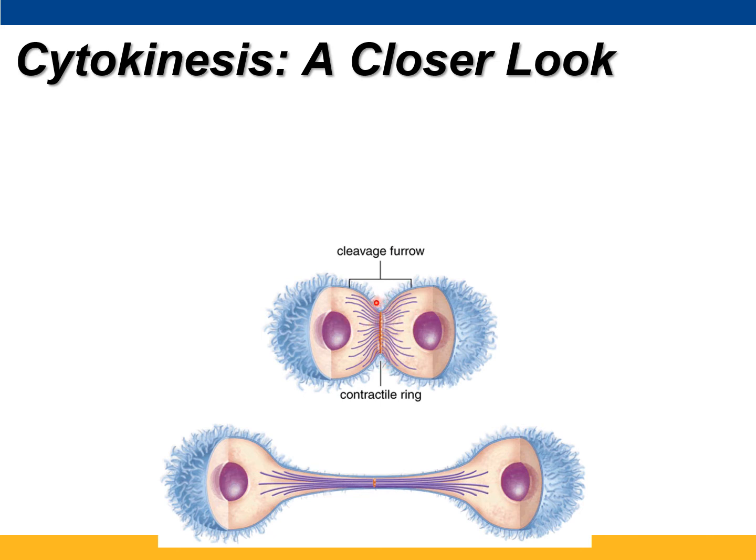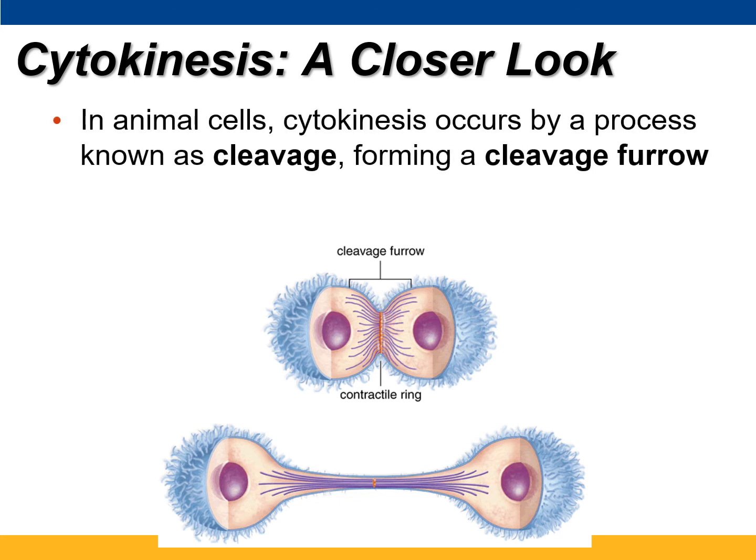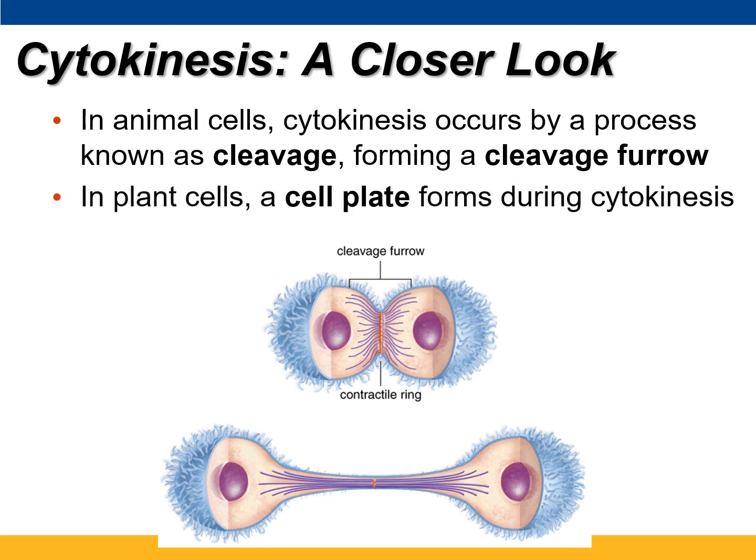We call that a cleavage furrow with a contractile ring of actin microfilaments. So that cleavage, that separating of the two daughter cells, is a physical process involving certainly the interpolar microtubules, but also actin and motor proteins. So we form that cleavage furrow.